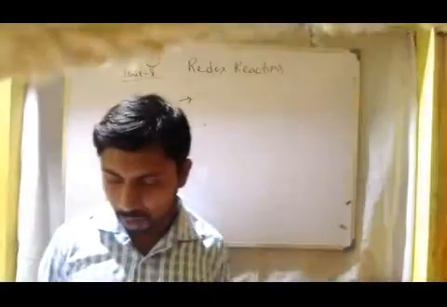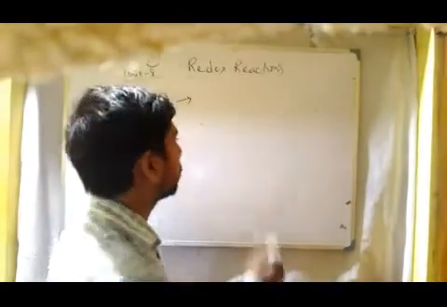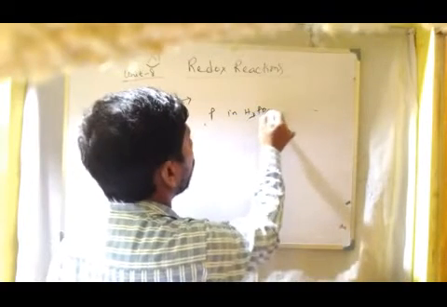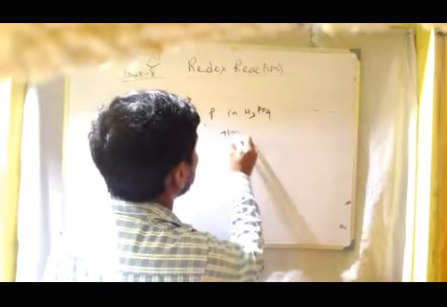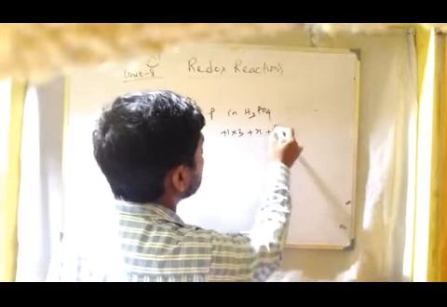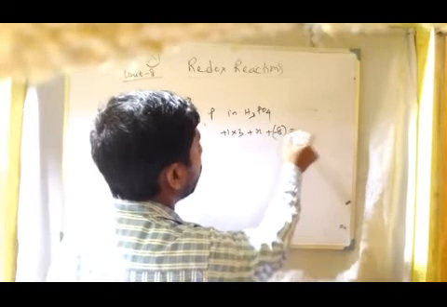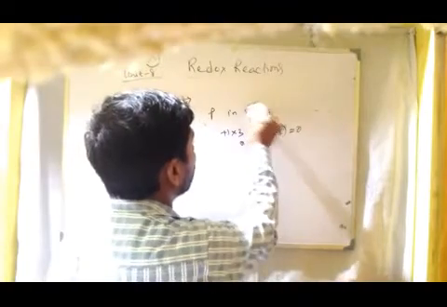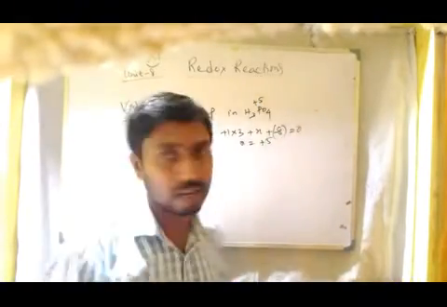Another example we will start, that is H3PO4, the phosphorus in H3PO4. So +1 into 3 plus x plus (-8) equals 0. So x equals +5. So the oxidation state of phosphorus is +5.